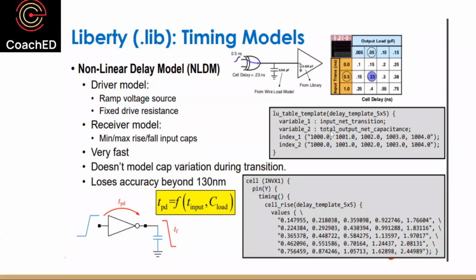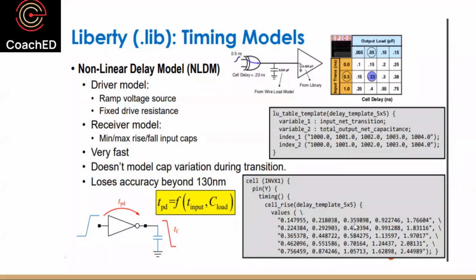Based on that, you can clearly say that if my input transition is 1001 and output load is 1002, this is 2, that means second row, and this is third, that means third column, so my delay is 0.43. The units here are in nanoseconds, so this is 0.43 nanoseconds or 430 picoseconds.